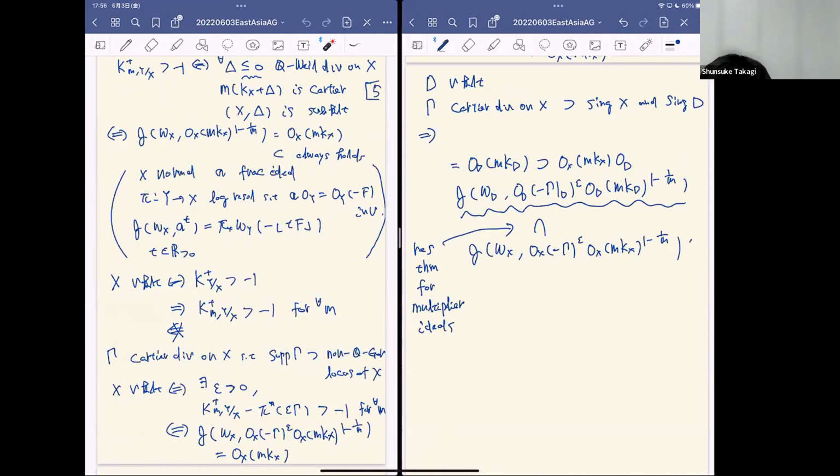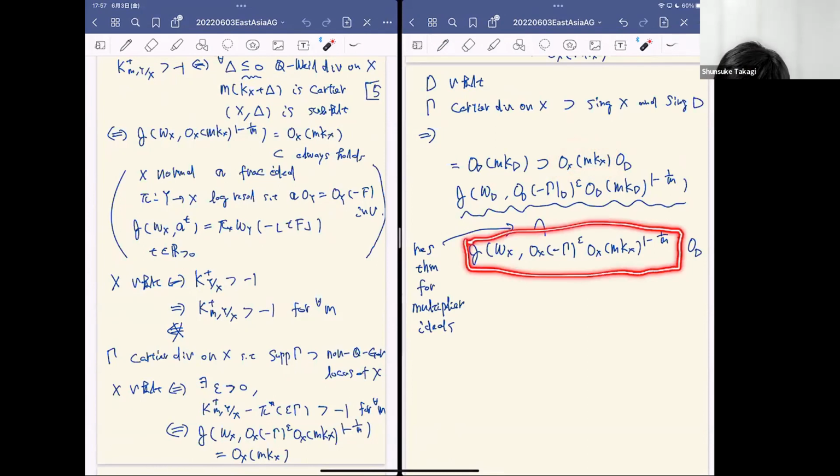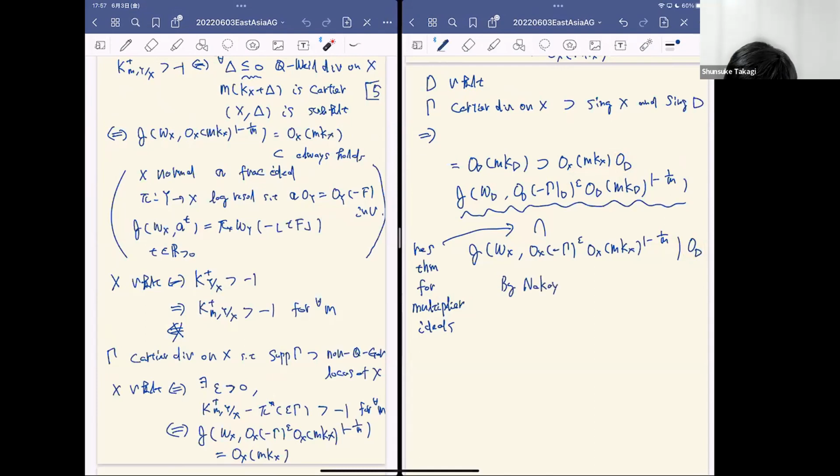Anyway, the image of this sheaf. So basically this containment tells us this sheaf contains this sheaf after taking the image in OD, but then by an easy observation, basically by Nakayama's lemma, we get a containment before taking the image.